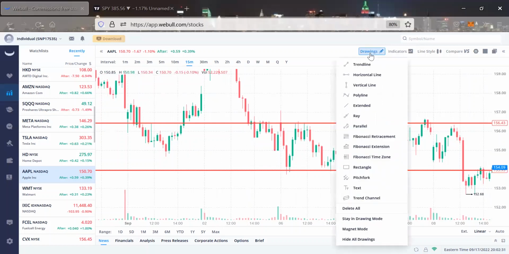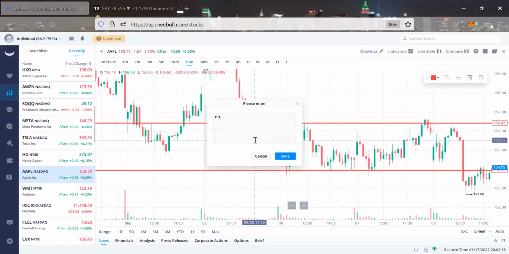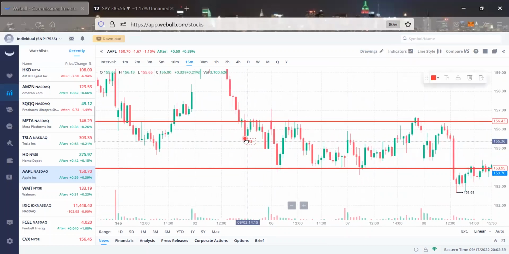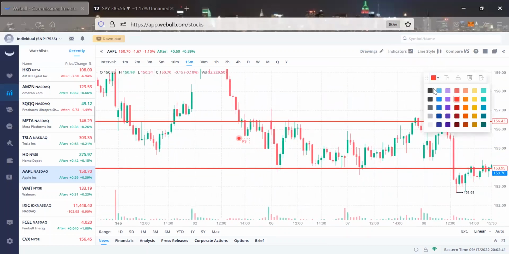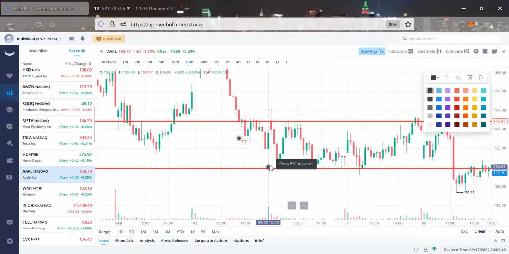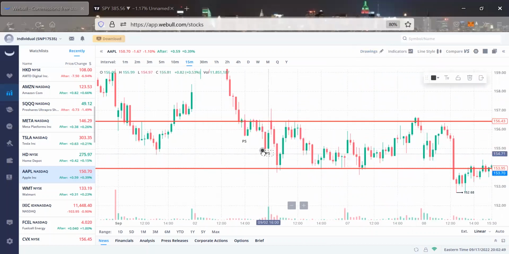Well, first we have preliminary support. You've got to excuse me, you guys, I'm having a hard time pronouncing some of these words. Preliminary support, there it is. We have this PS, these preliminary supports.